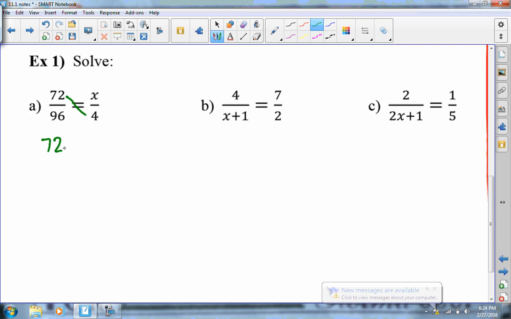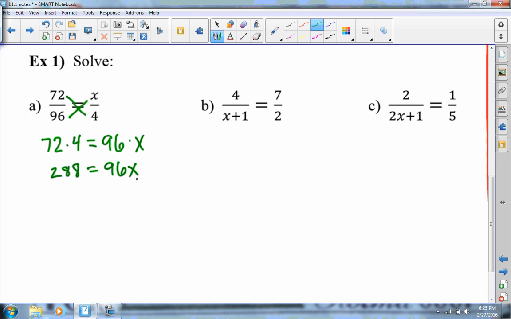So I'll have 72 times 4 equals, remember it has to be an equation, it's not a fraction, and then the 96 times x. Now we can actually simplify the 72 times 4, that's 288, and that's 96x. And then to solve for the x, we have to divide both sides by 96. And when we divide here, we get 3. So x is equal to 3.